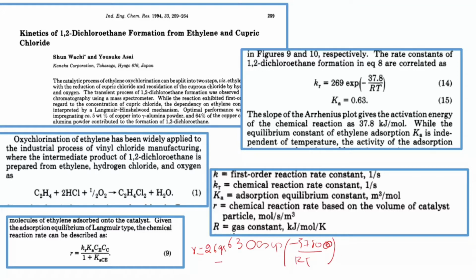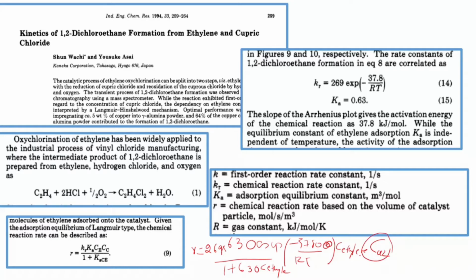Divided by 1 plus 630 concentration of ethylene, the numerator concentration of ethylene, concentration of Cl2, the chlorine atoms.